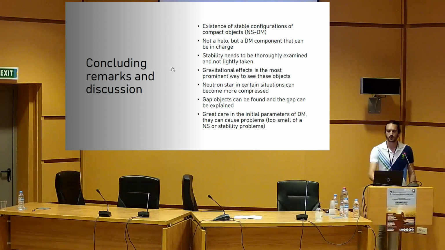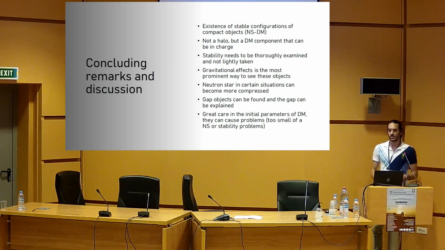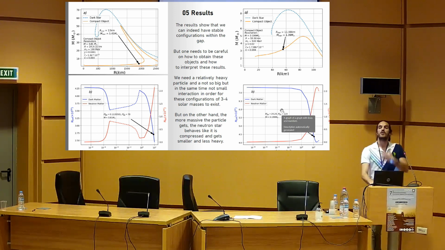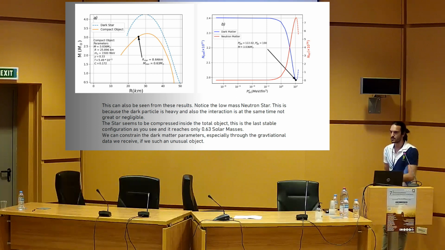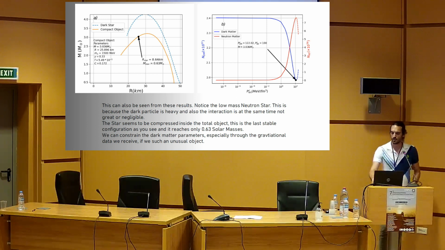And we have to put great care in the initial parameters of the dark matter, because they can cause problems, too small a neutron star, or even more. If we go ahead and see here, we have a pressure of 120, and here's a pressure of 70. And here we could also have, in very big pressures, other problems, such as causality problems. We have to be extra careful on how we can obtain these kind of objects in the universe.